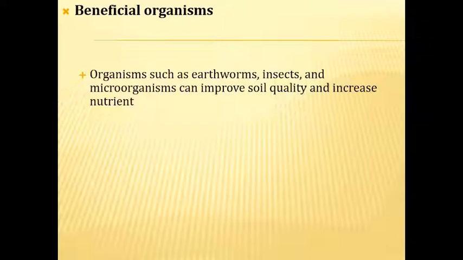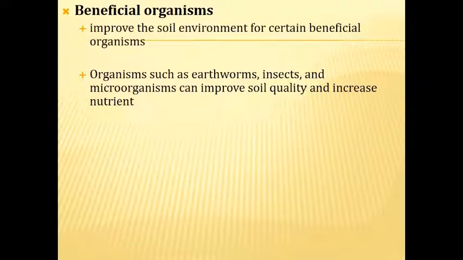Cover crops help in increasing the beneficial organisms in the growing soils. Increased plant residues and the tillage practices generally associated with cover crop systems may improve the soil environment for certain beneficial organisms. Organisms such as earthworms, insects, and microorganisms can improve soil quality and increase nutrient availability by quickly decomposing organic matter and plant residues.